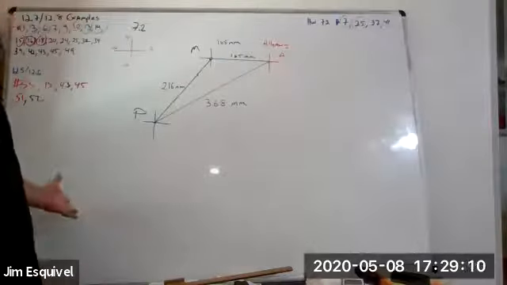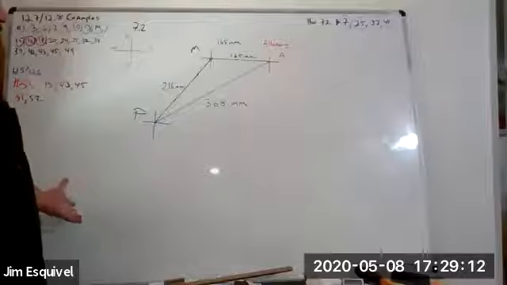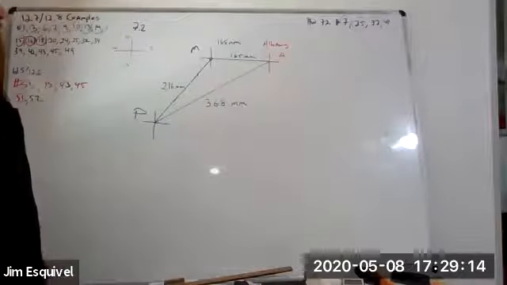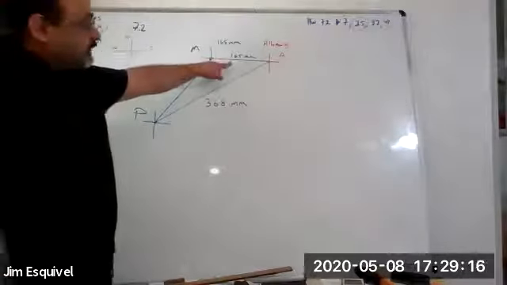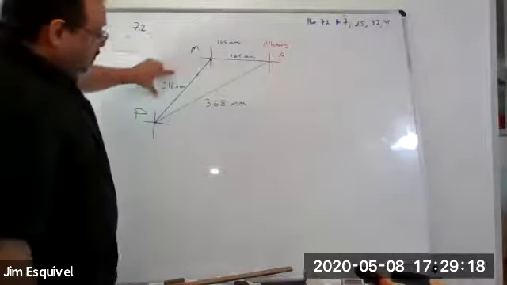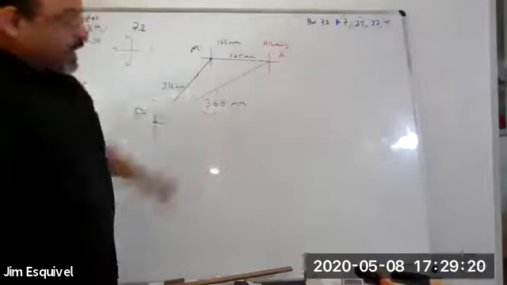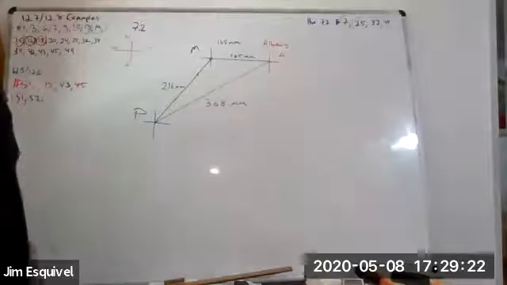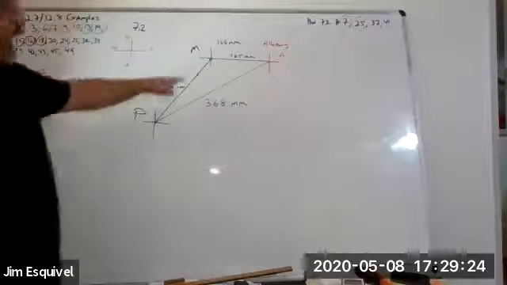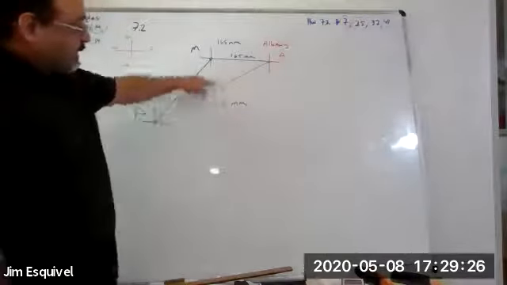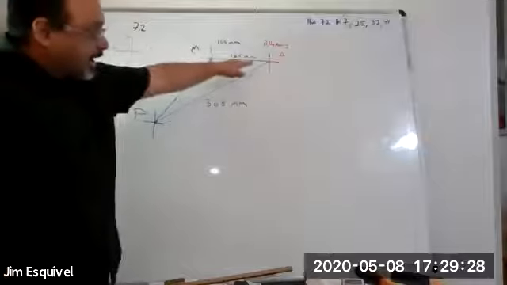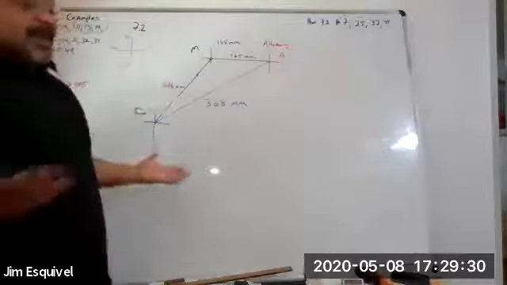Now look at what I drew. Does it actually look like the 165 is shorter than the 216, which is shorter than the 368? Yeah. Does it look like the angle opposite 368 is bigger than the other two angles in the triangle? Yeah.